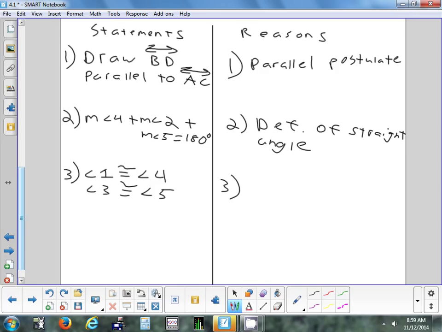Now those are alternate interior angles. Is that the theorem or is that the converse? Did we prove that lines were parallel? If we did, that's the converse. If we prove that angles are congruent, that's the theorem. It's the alternate interior angles theorem. No converse.